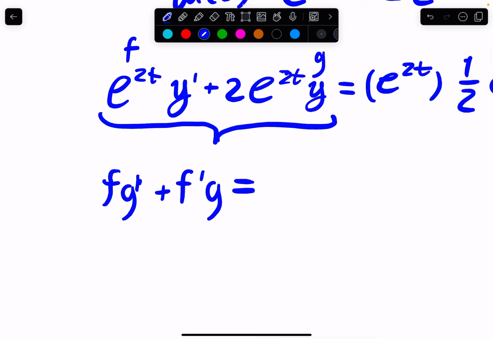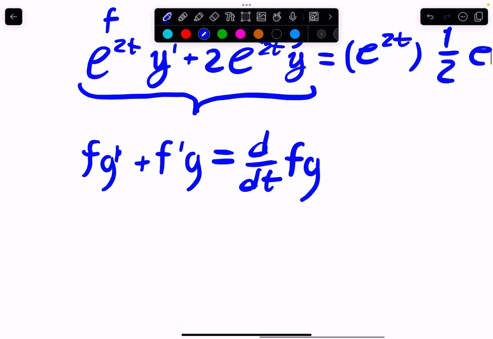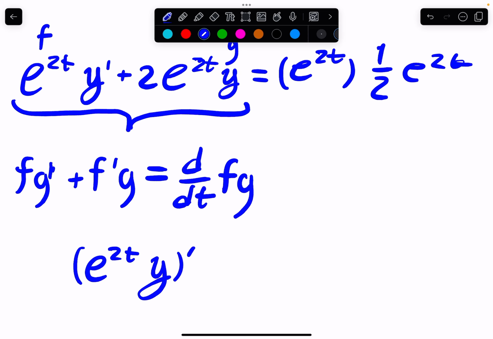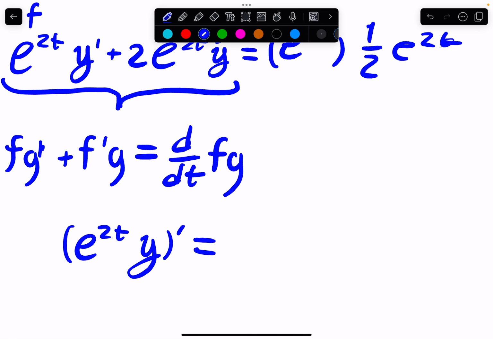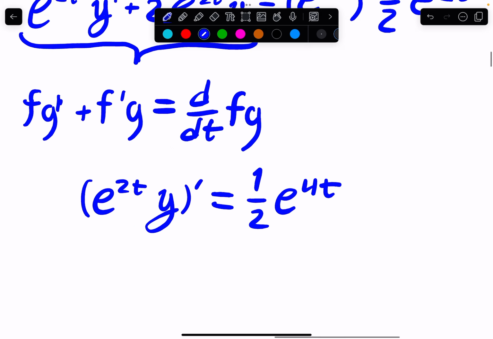So we can take this whole thing and simplify it down to just e to the 2t times y, all differentiated. Now ain't that nifty? And we can simplify the right-hand side to 1/2 e to the 4t.